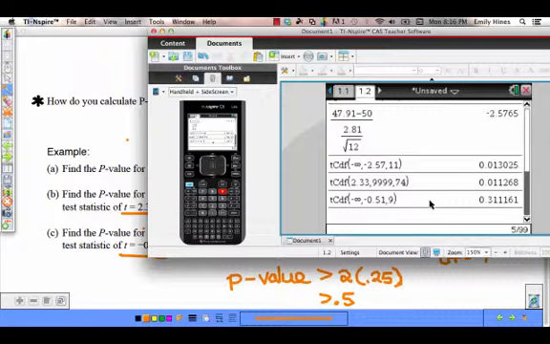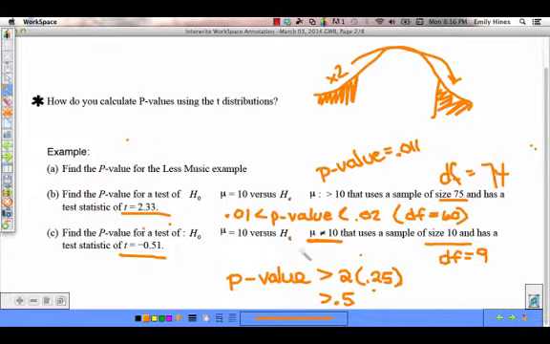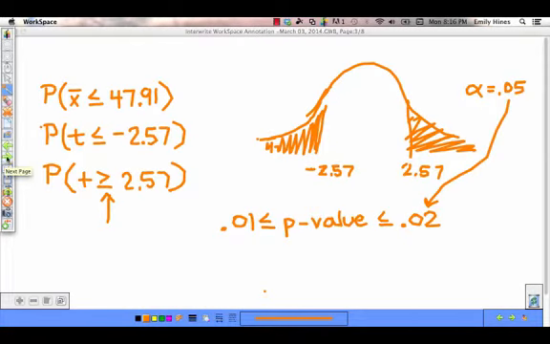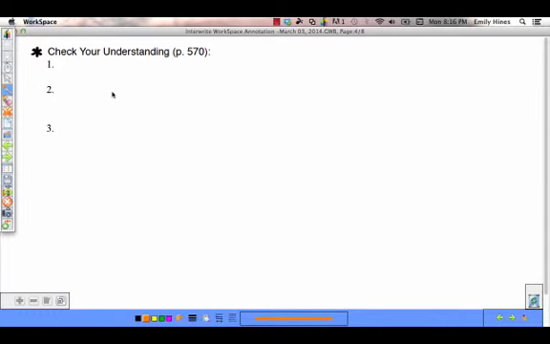I end up with 0.311, which is not greater than 0.5, but I have to multiply by 2. So that would be 0.622.